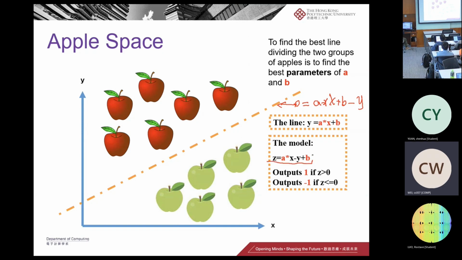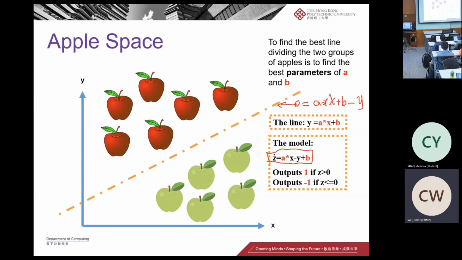So z can now be used as an indicator for classification. If z equals 0, then you're on that line. For any of those points, by substituting their actual coordinates into this formula, you're going to have z equal to 0.